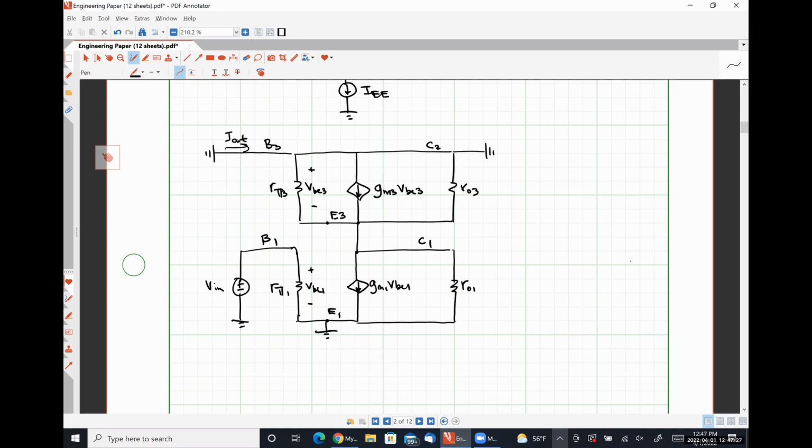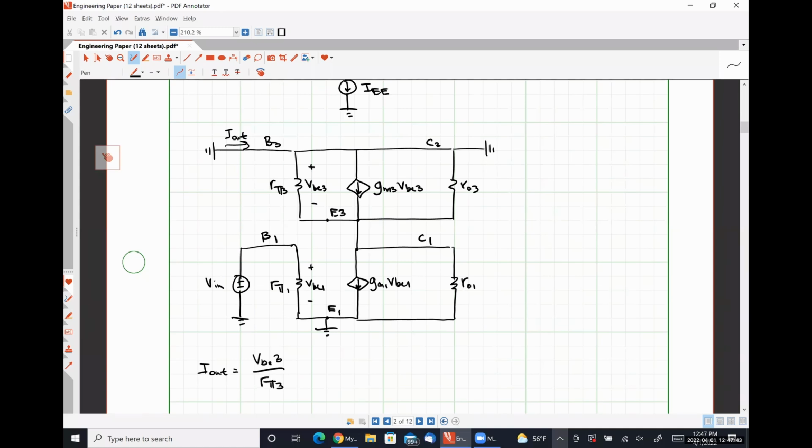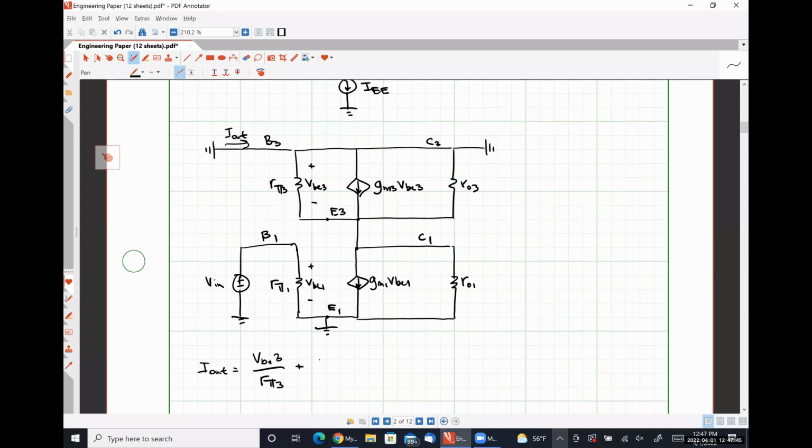So I can say that I out is equal to VBE3 divided by R pi 3 plus GM3 VBE3 plus VBE3 over R naught 3.